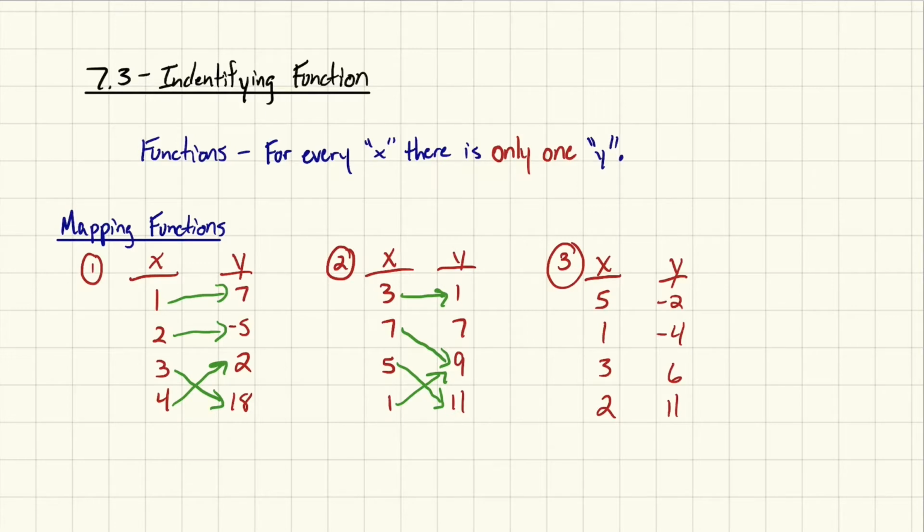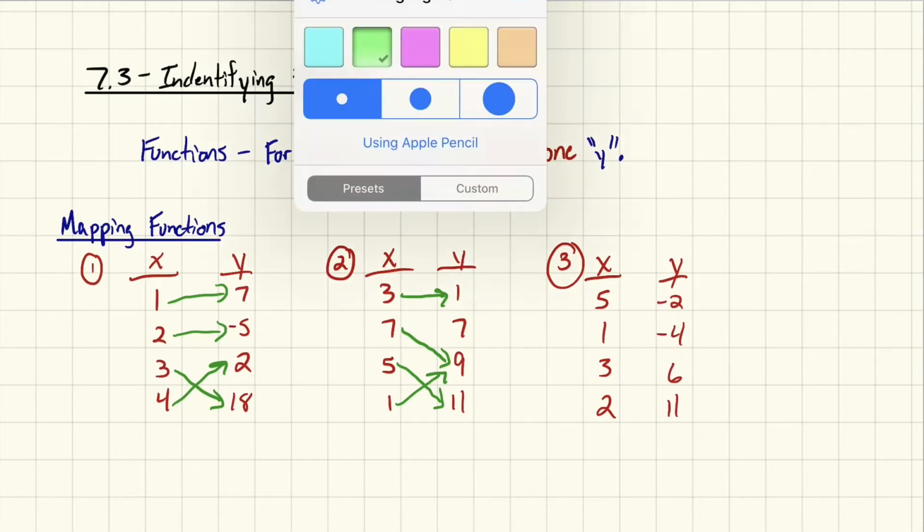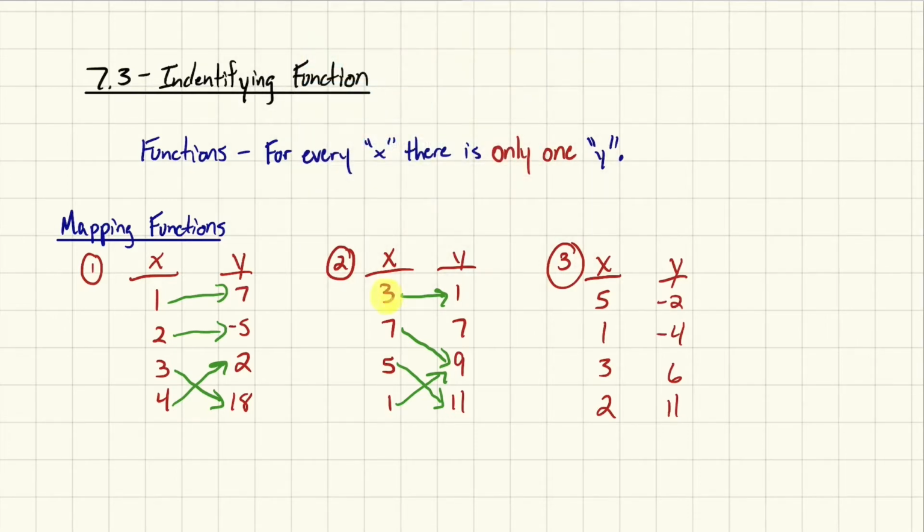So let's ask ourselves, is that the case, right? So if I went down the line here and I looked at x, is there only one y matched up with 3? Absolutely. Just one y is matched with 3. Cool. I move on to the next one. With 7, is there only one y matched with 7? Sure. What about 5? Yep, only one y matched with it. And what about 1?